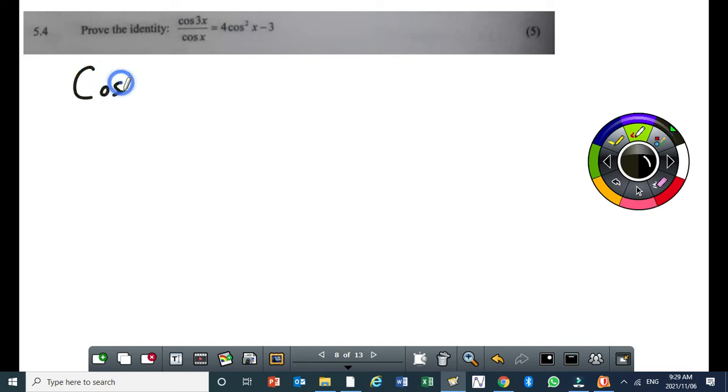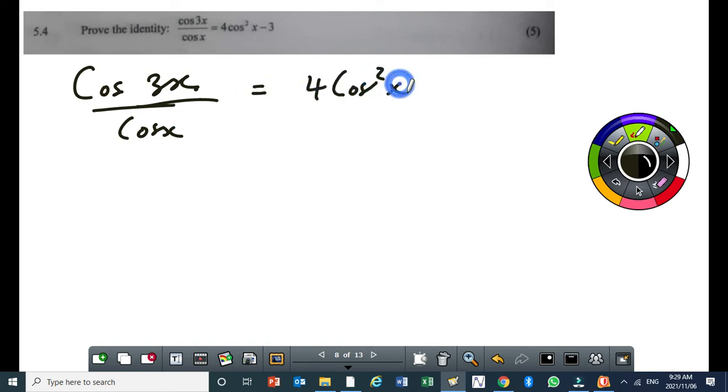So this is cos 3x over cos x, which is equal to 4 cos squared x minus 3. Right, can I have your attention here, please? I want you to look when I'm doing it. When you're doing a proof of identities, there are things you are expected to know before you start the question.